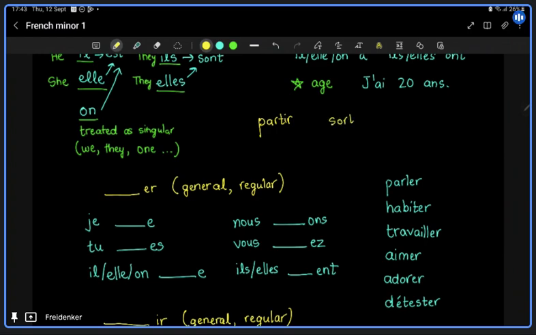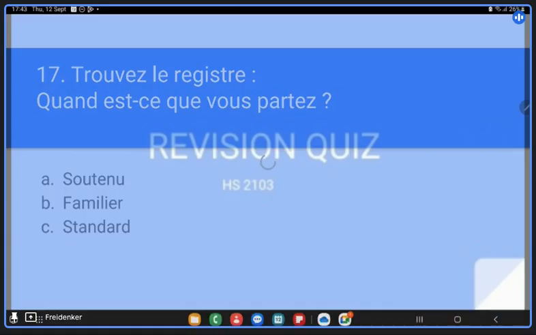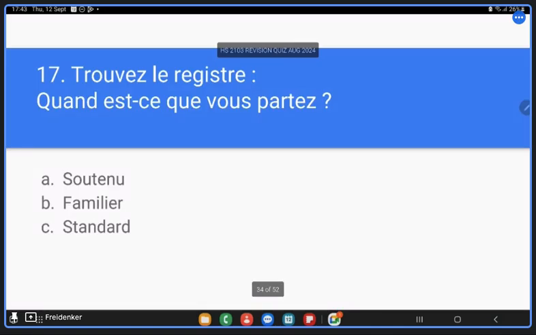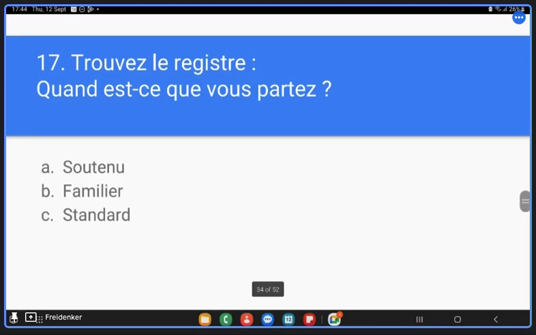Sortir is to go out. You might want to just see what they are. Their conjugations are irregular. They're similar to each other, but they're not IR verbs. They're irregular. I think it's better if you just go through the previous semester's notes if possible. Or else it's fine.